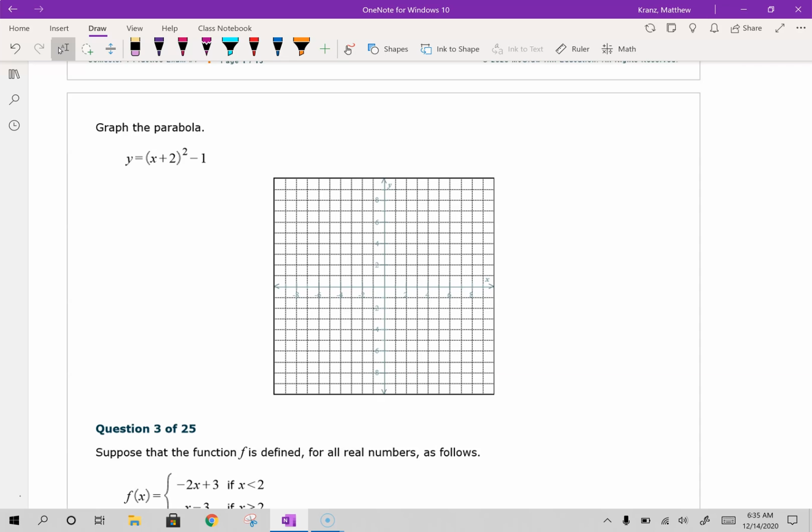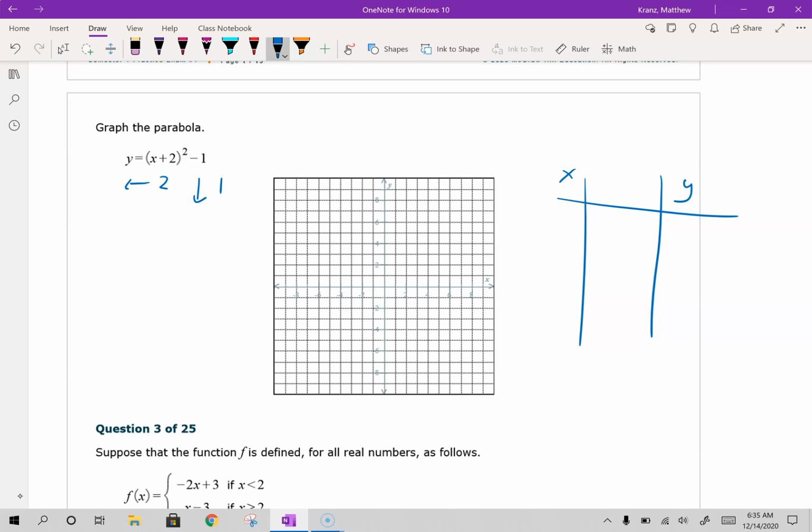Question 2, graph the parabola. Well, when we start to graph the parabola, we can do it using a table. Now you need at least 3 points to graph a parabola. So number 1, we can use the vertex form, which tells us that when we add to x, we go left. So this is 2 to the left, and we go down 1.